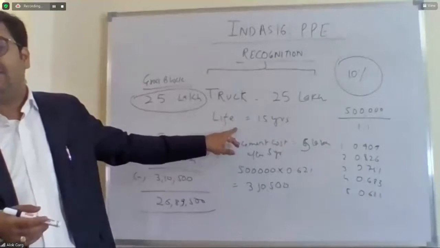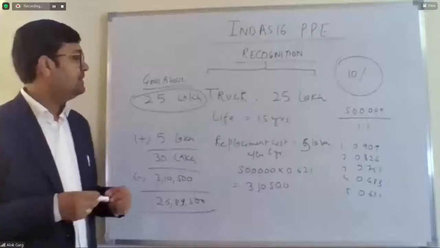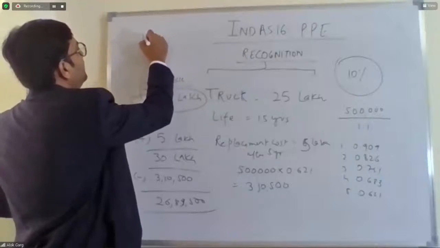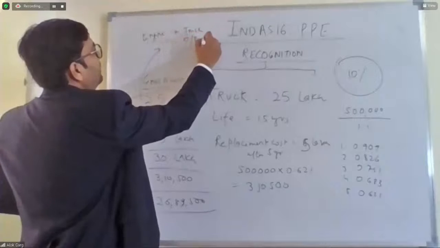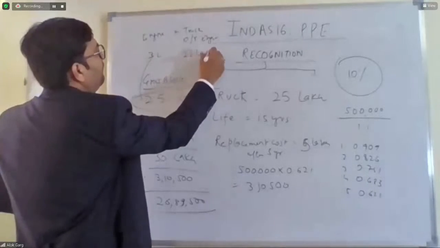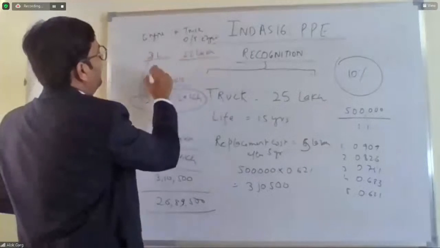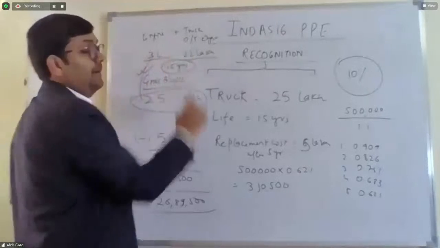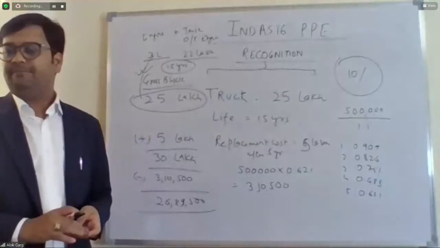I have split this 25 into two parts: one is the engine, second is the truck other than the engine. If 3 lakh is the cost of the engine, then 22 lakh is the cost of the other components of the truck, and both have been depreciated over a useful life of 15 years. It means there is some net block lying on account of the truck also, which needs de-recognition. Understood?